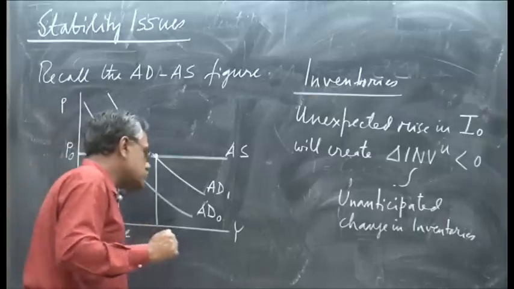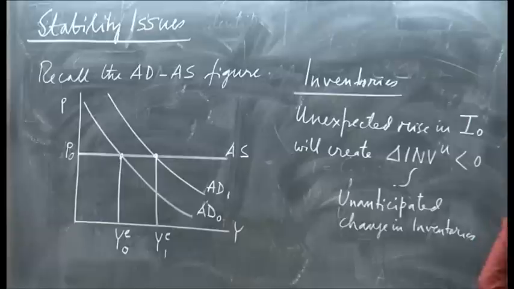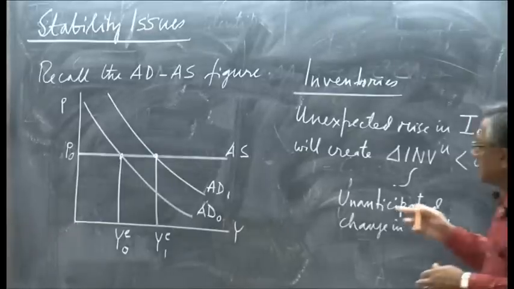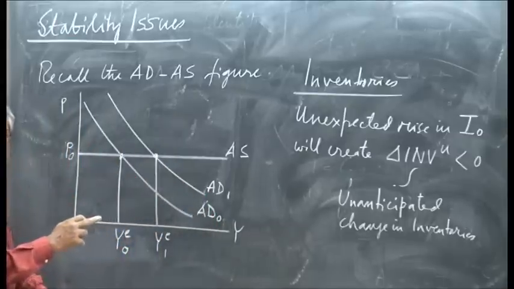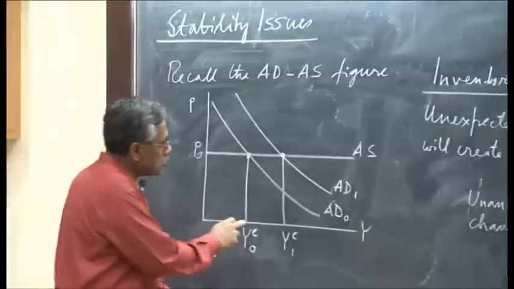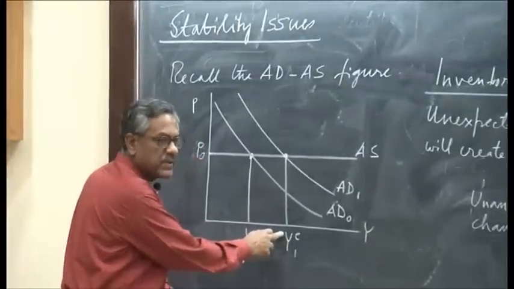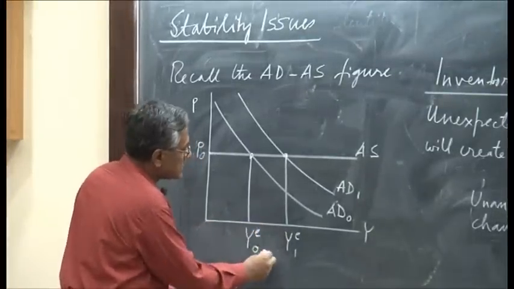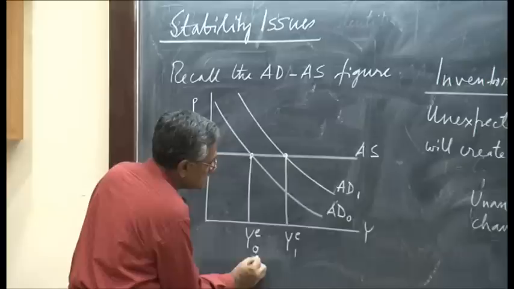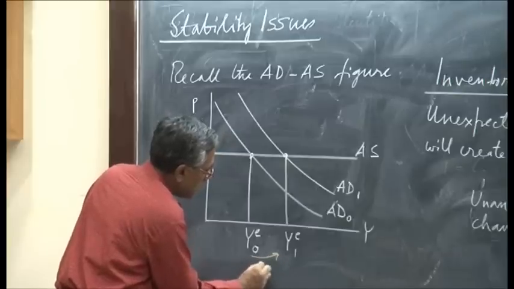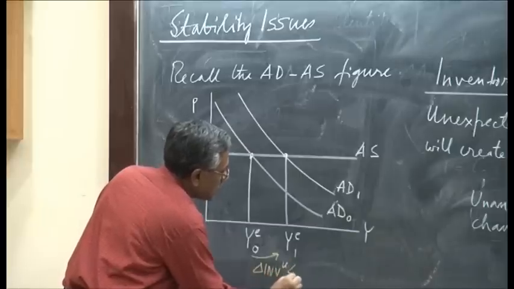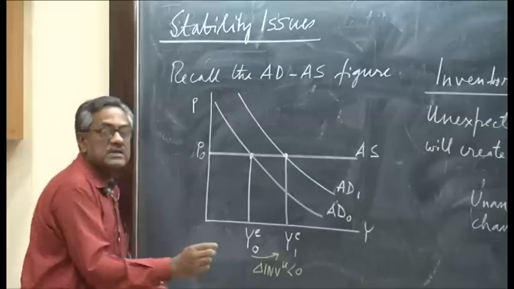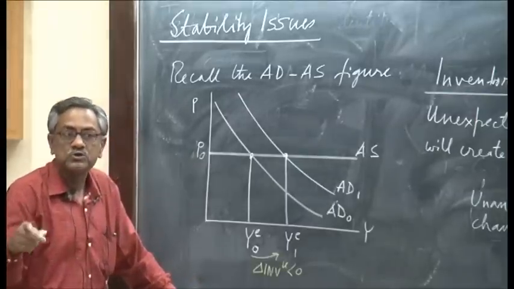So what I am trying to tell you is that as soon as aggregate demand increases, in the process delta INVU becomes negative, which means it is signaling companies to produce more.